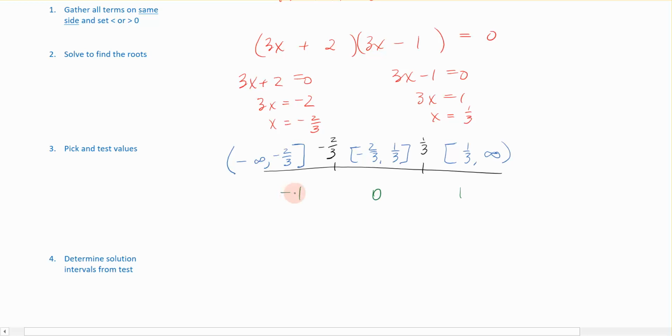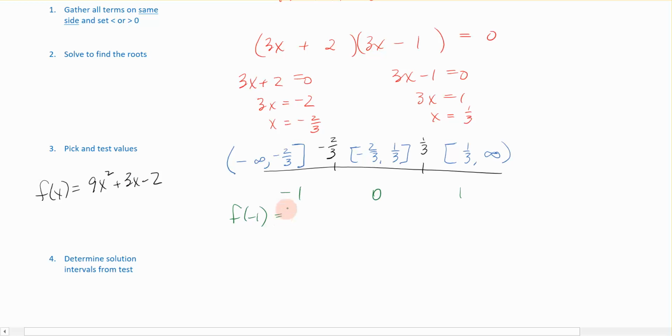Now I'm going to take this first number and plug it into my function, evaluating the function at negative 1. Now my function, don't forget, was 9x squared plus 3x minus 2. So I'm going to plug in -1 everywhere there's an x and simplify.